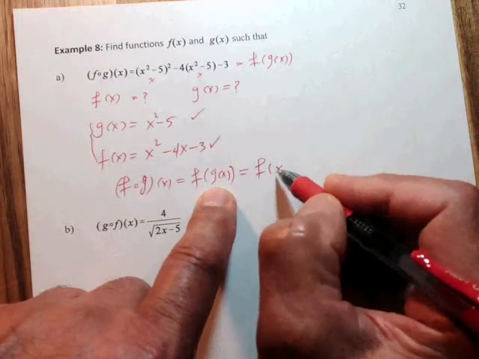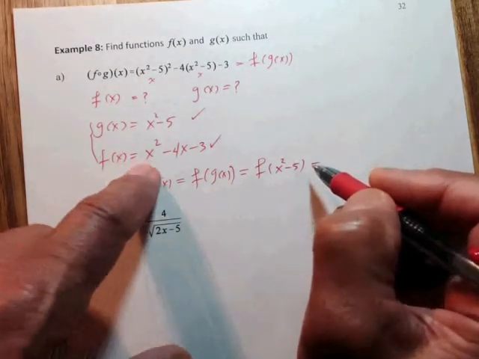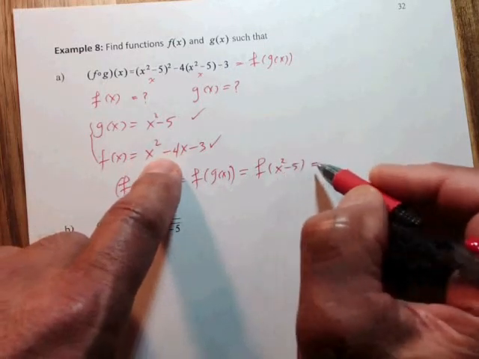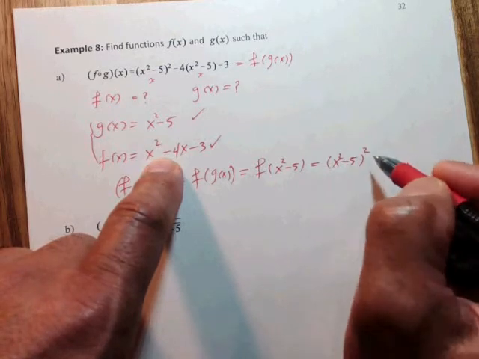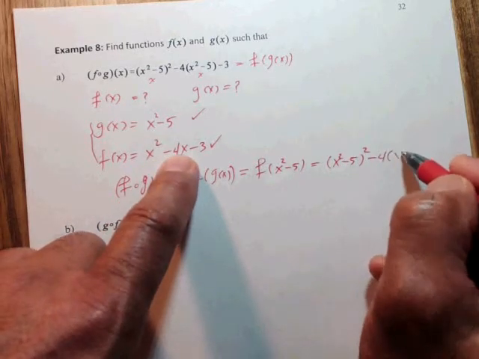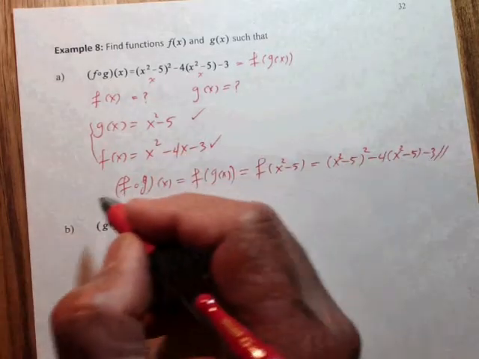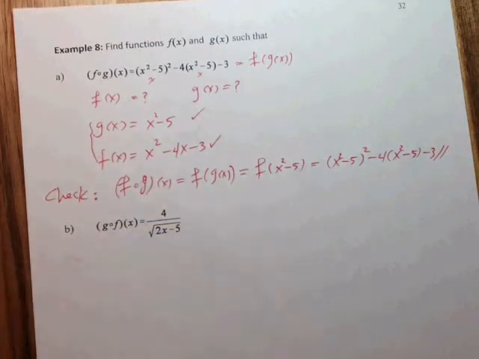G is x squared minus 5, you see. So that means in your f, all the x's have to be replaced by x squared minus 5. We get x squared minus 5 squared minus 4 times x squared minus 5 minus 3. So I check, you see. So it worked.